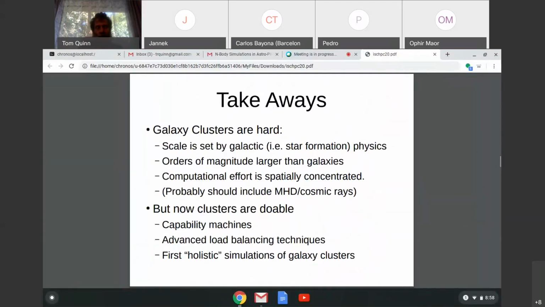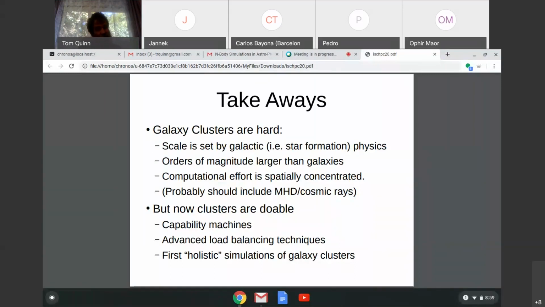All right, so just that last part to summarize it. Simulating galaxy clusters and individual galaxies is hard because of this large dynamical range. We've got to resolve star formation, and yet we need to understand gravity on these hundreds of megaparsec scales. You have this concentration of computational effort in the center of your cluster, which makes parallelization and load balancing difficult.